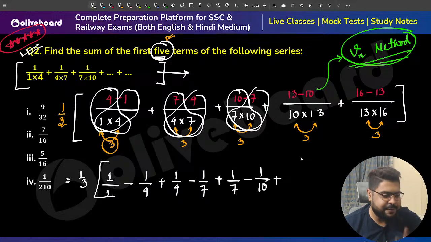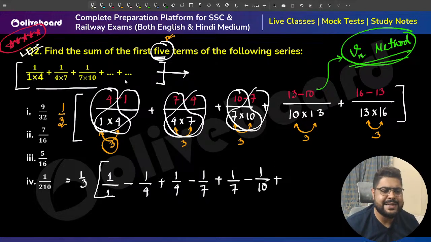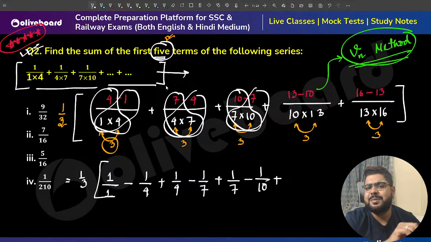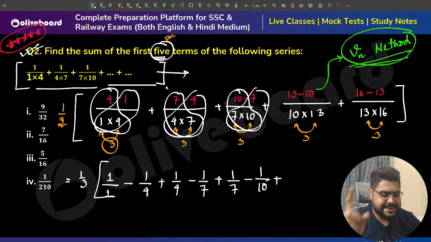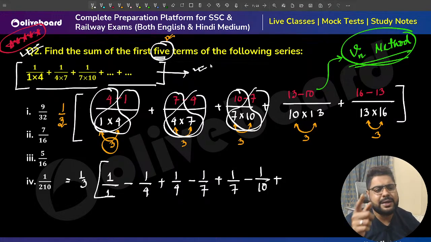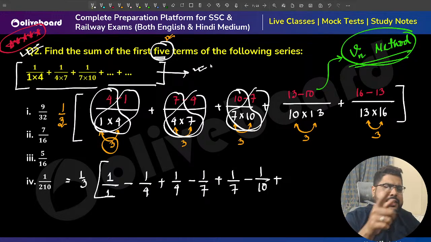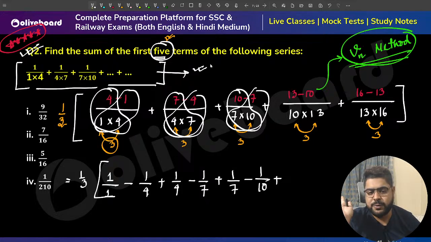Puneet, please feel free to join this class as well. Because this question can come in CGL as well, any time. If it comes in NTPC, it will be mostly in CBT 2, and in CGL also mostly as a tier 2 level question.